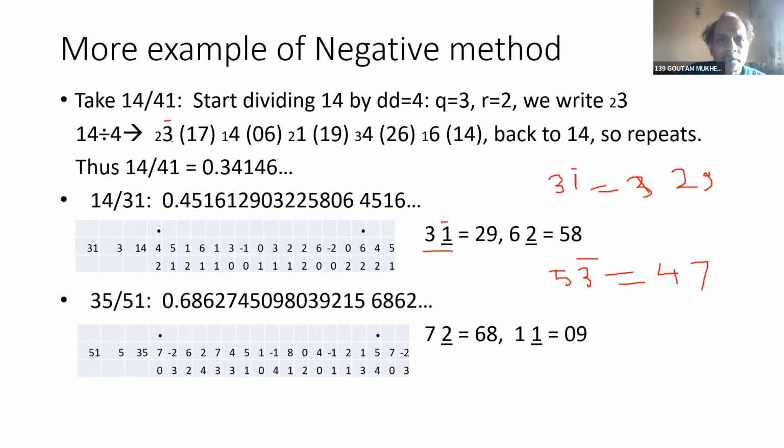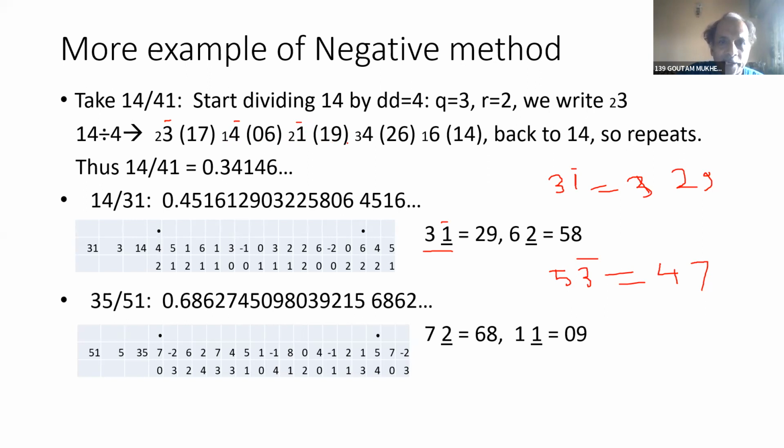17 divided by 4 is 4. 4 into 4 is 16, plus 1 is the remainder. So instead of 14, I call it 10 minus 4. 6 divided by 4, quotient 1 and remainder 2. So instead of 21, it becomes 2, 1 vinculum, which is 19.